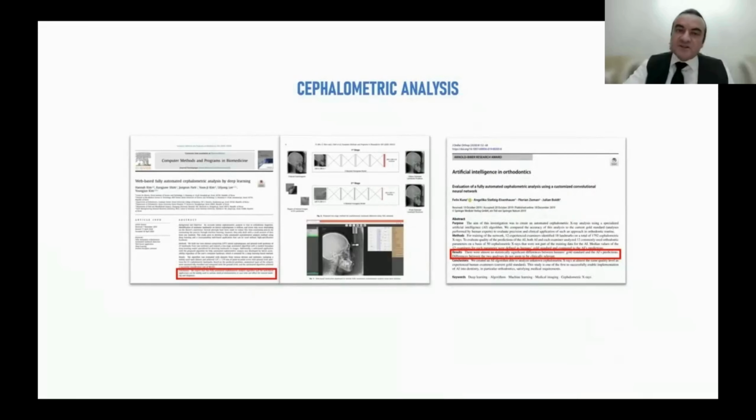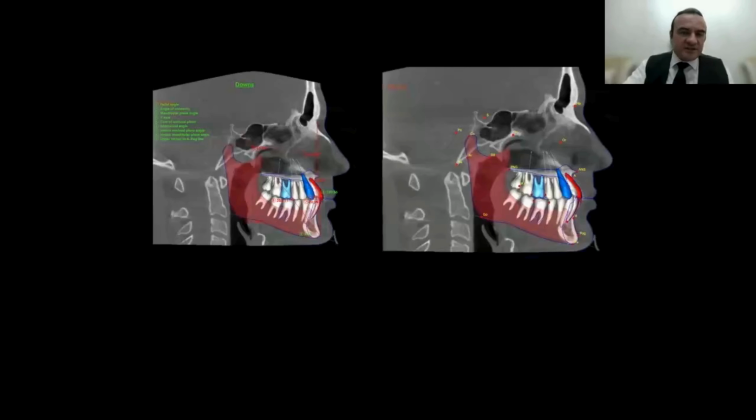Also, as I mentioned, we can use cephalometric analysis. But in this case, it is not just 2D, we can use 3D cephalometric analysis. There are too many vendors and too many companies working on automated 3D cephalometric imaging. This is one of our studies.